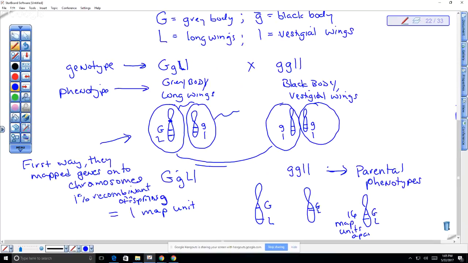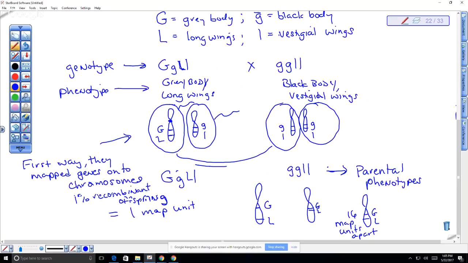So if they're far apart, they're more recombinant or less? If they are far apart, you'll get more recombinant offspring because there's lots of places where crossing over can occur, so they're likely to be separated during crossing over. If they're really close together, they're unlikely. So let's say instead of 160, I got maybe 200 total, that would be 20 map units.